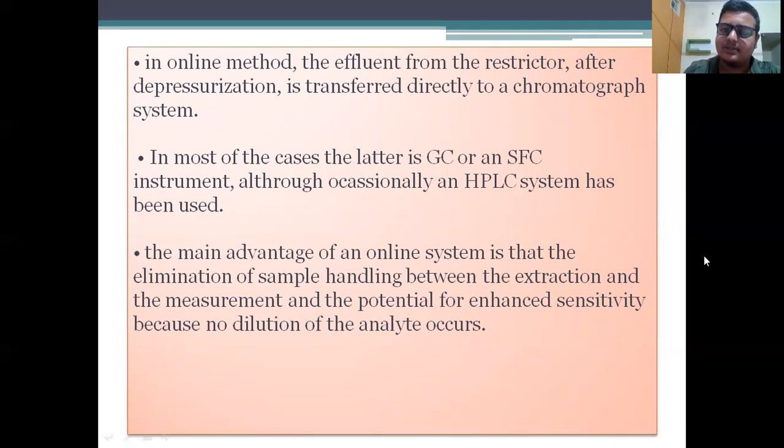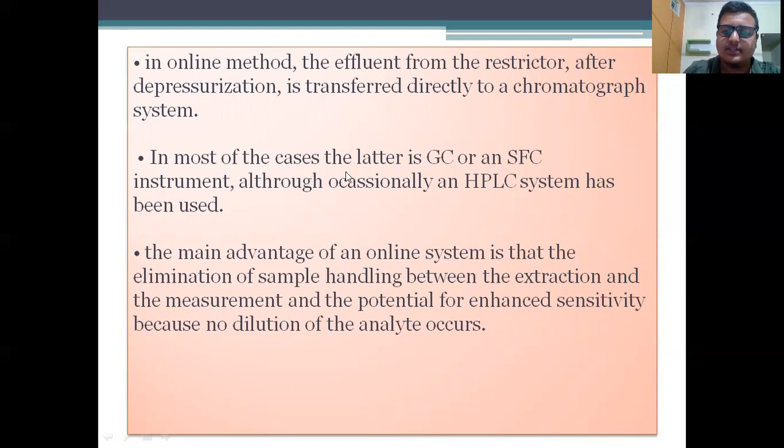Once it has been introduced into the system, it separates, identifies the various components present in the analytical sample, and also quantifies them.